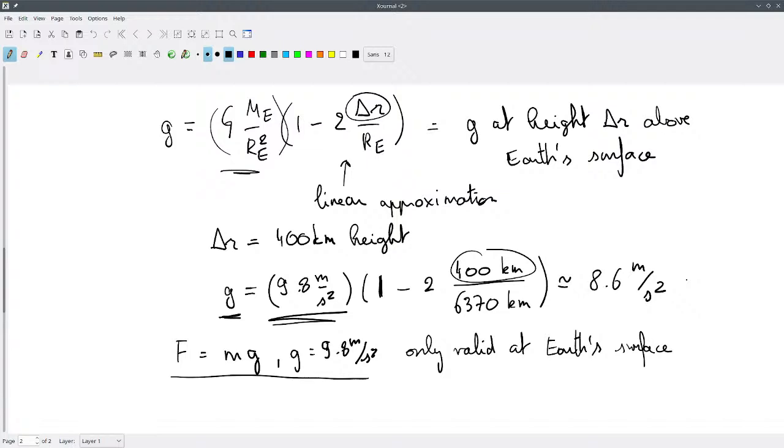Now we can describe gravity not just at the Earth's surface, but also at different heights. We can describe gravity in a much more general framework, and so we extend the previous description of F equals mg to a much larger domain of applicability.